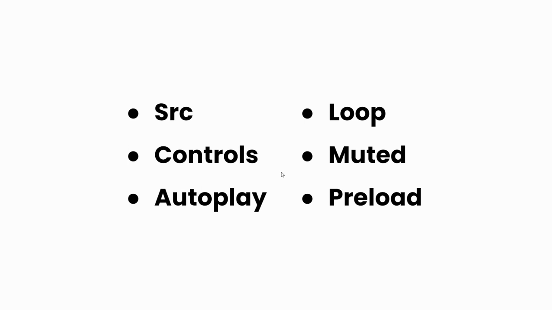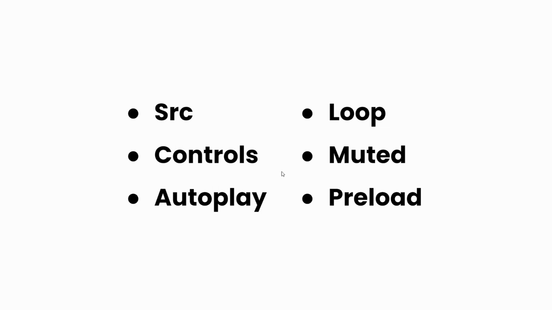The video element has 9 attributes, while the audio element has 6 attributes. And I'm guessing the audio element has fewer because the 3 attributes that appear in the video element that are not in the audio element are the height attribute, the width attribute, and the poster attribute.